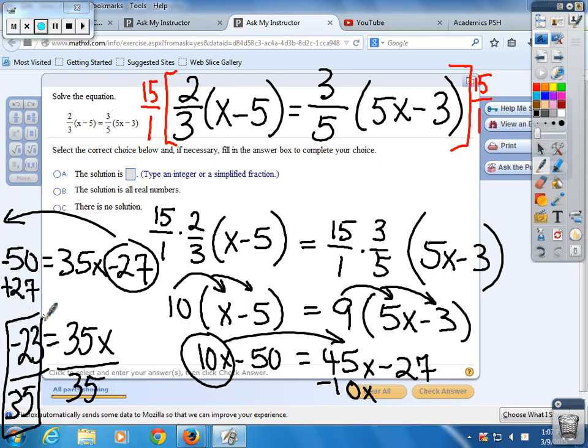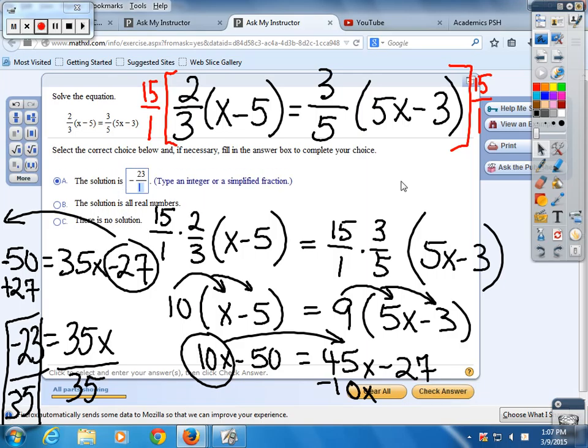And that should be your answer. And it's prime, 23 is prime. So that should be your answer. We'll check it to make sure that I didn't make another mistake. Negative 23 divided by 35. And we feel good about ourselves.